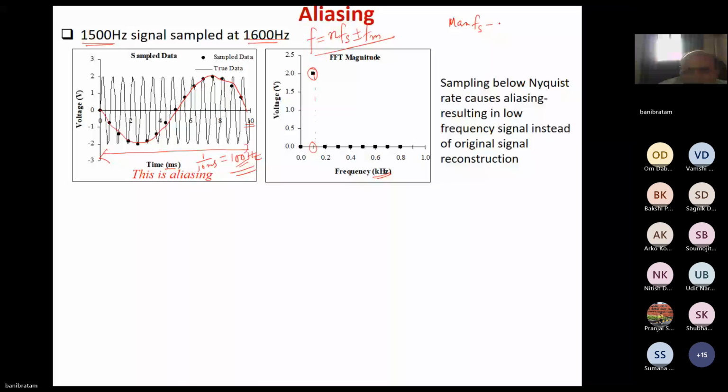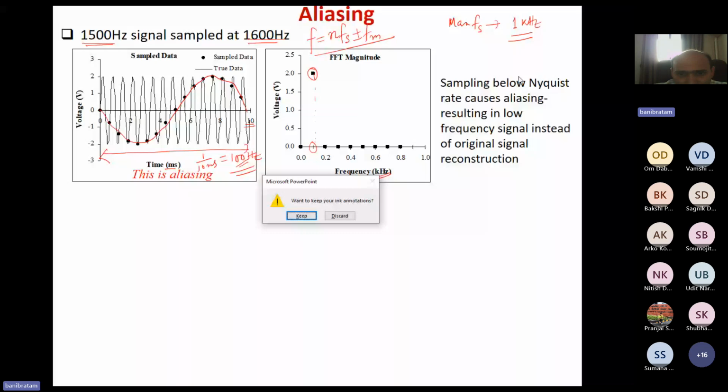That means I do not have the provision to choose any sampling frequency as per my own wish, rather it is limited to 1 kilohertz. In that case, how can we prevent aliasing? If my sampling frequency is fixed, then somehow I have to restrict the signal frequency.